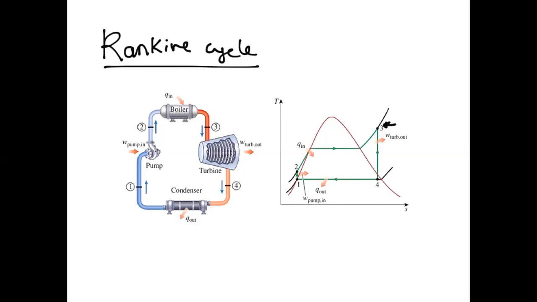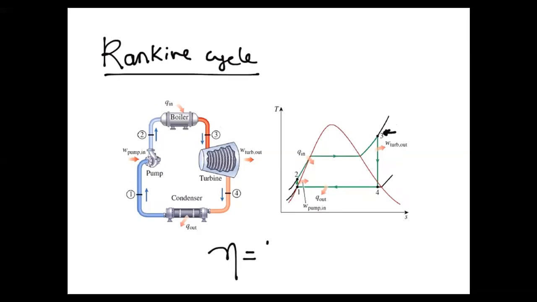The pressure, as we're not going to say temperature in this case, is going to be constant in the boiler and in the condenser, although you might see that in some phases the temperature remains constant. And the turbine is going to be isentropic as well for the ideal Rankine cycle.